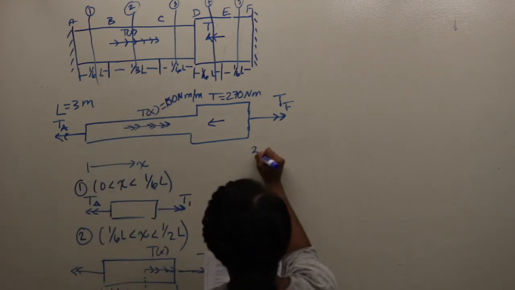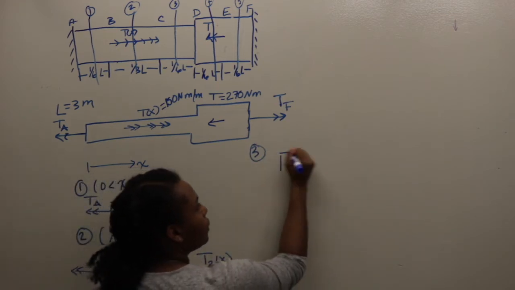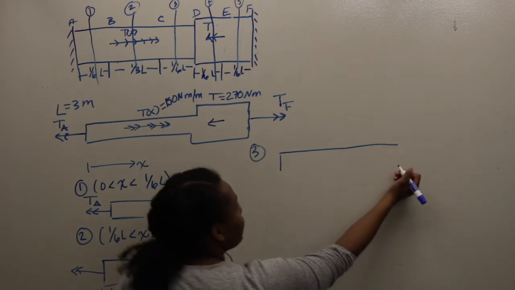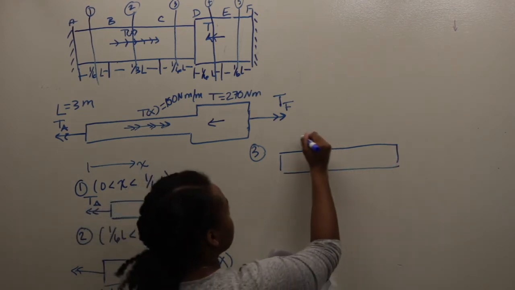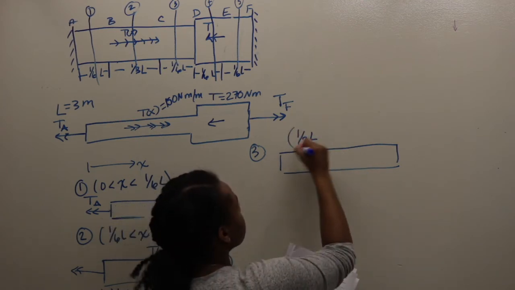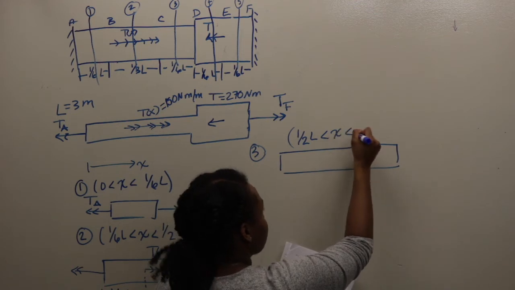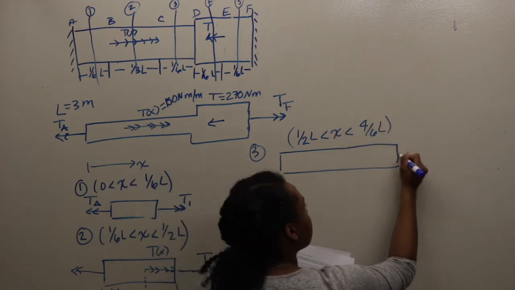And then for cut 3, we're going to go all the way to D, which is 1/2 L, X, 4/6L.